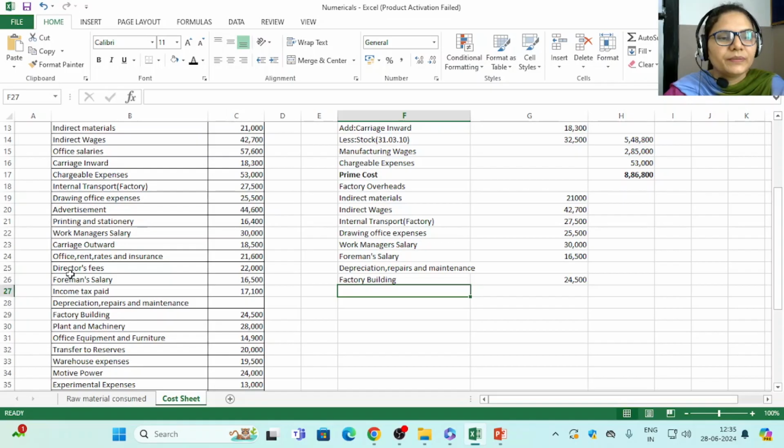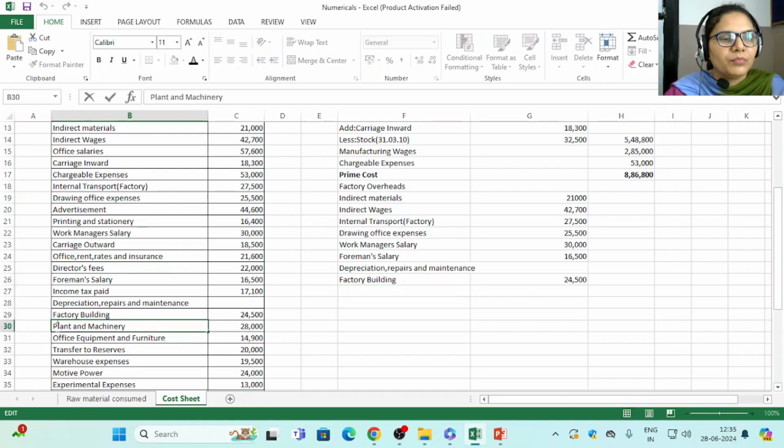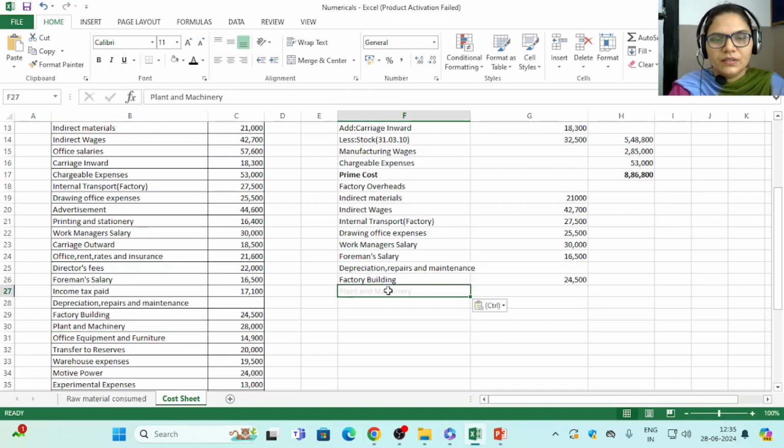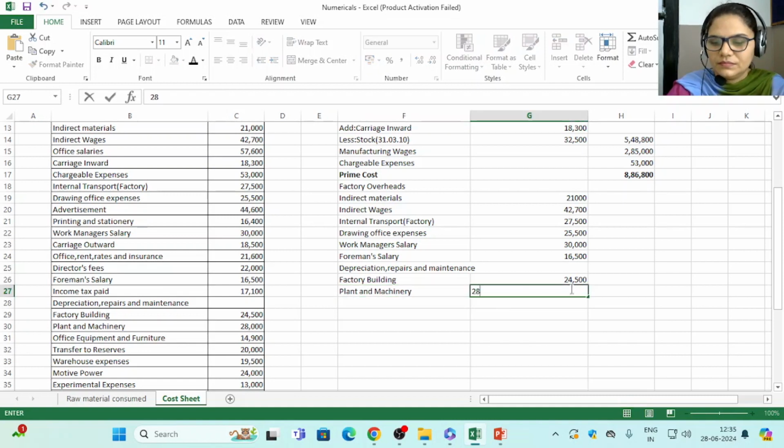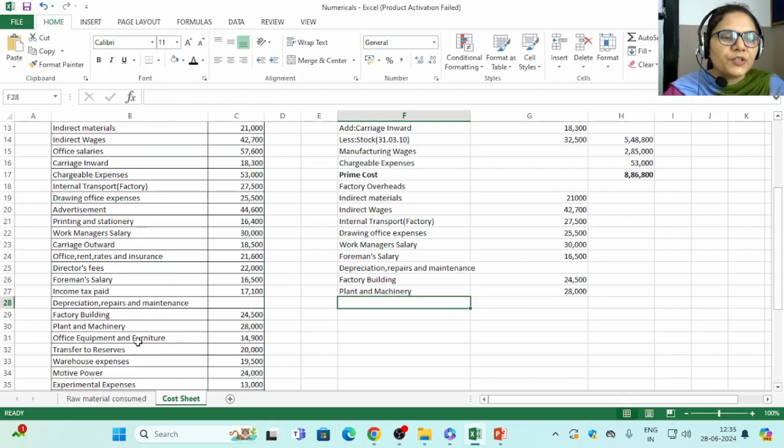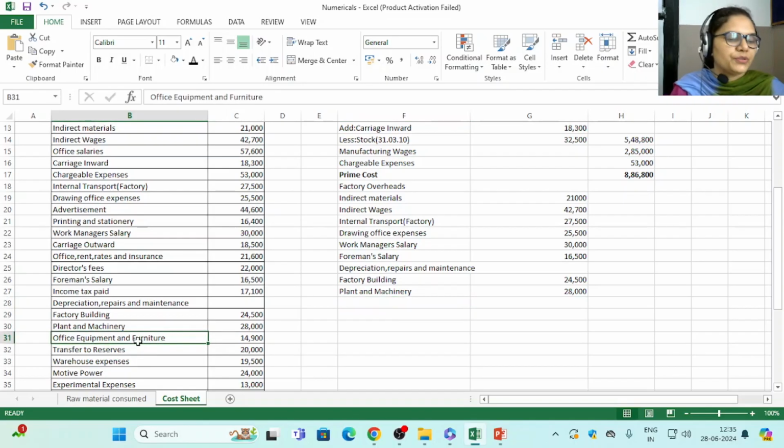Next is your plant and machinery. Plant and machinery value is given 28,000. Then office equipment and furniture we are definitely not going to show over here.